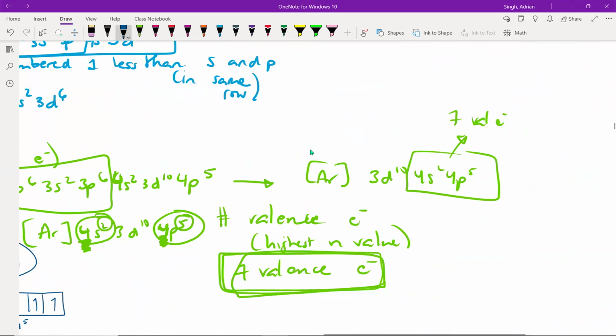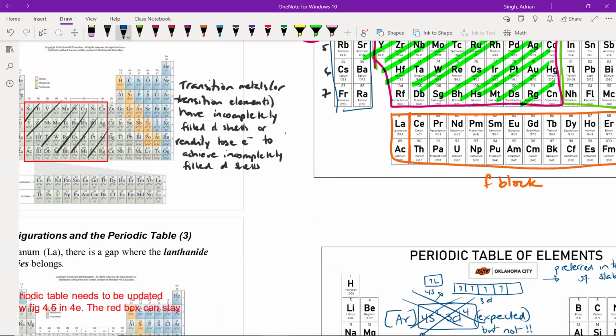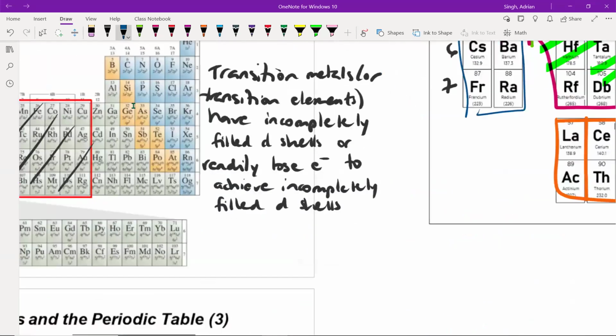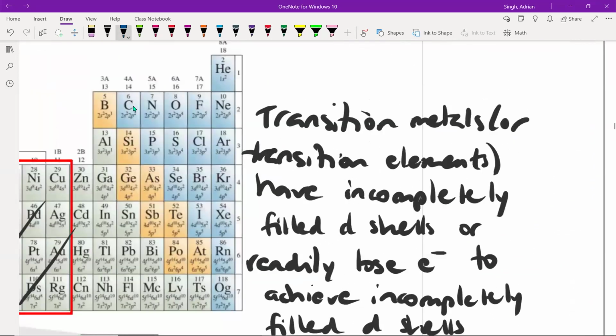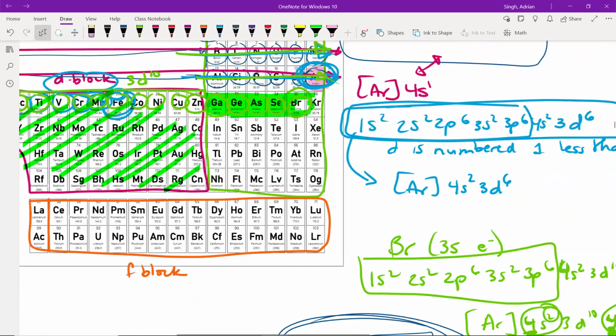Here for bromine, the highest energy level is the fourth energy level, with 4s2, 4p5. Add them together, we get 7. Guess which group bromine is in? Bromine is in group 7A. If I zoom in here, there's Br right here. Br is in 7A.